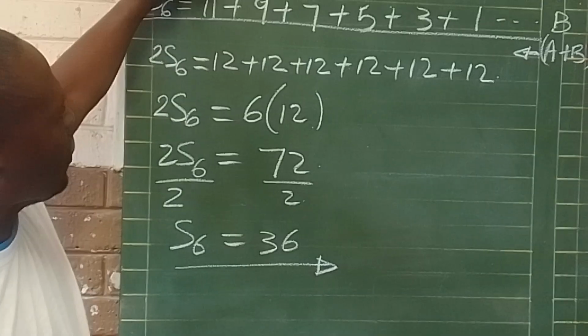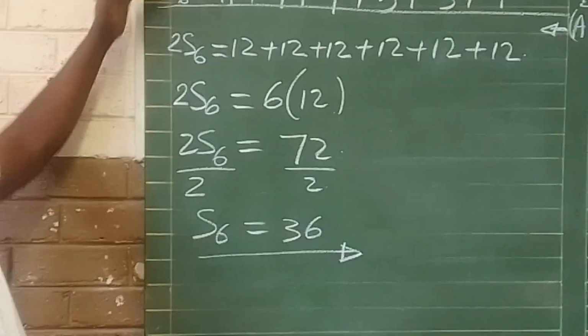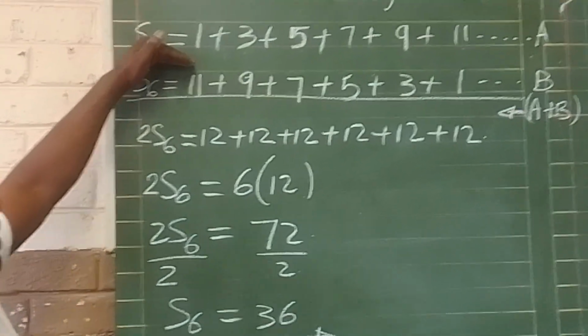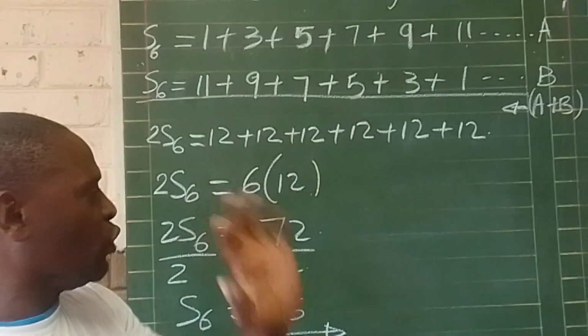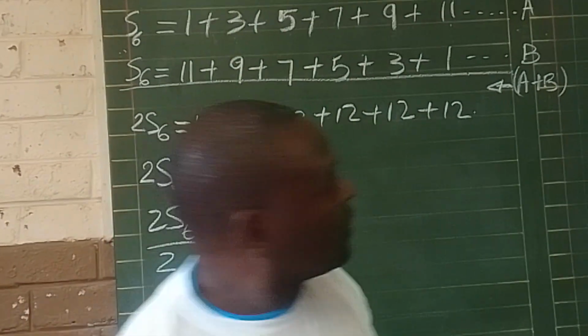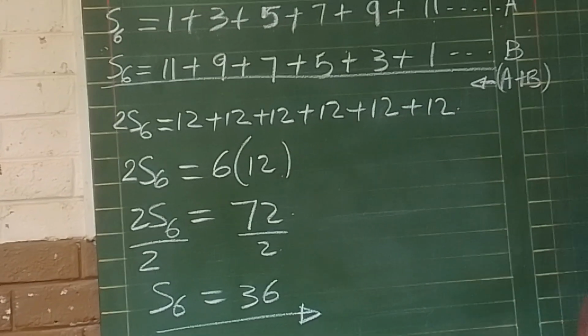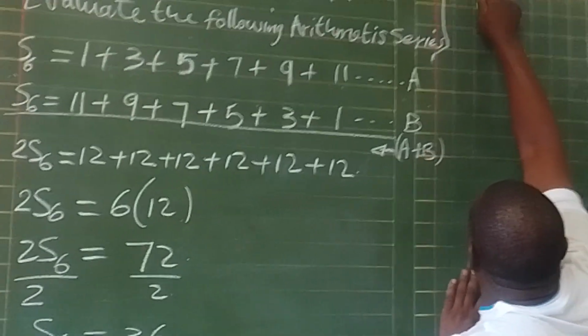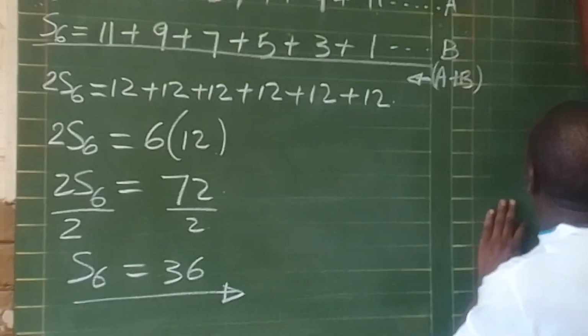The same technique that we have used to calculate this sum, we are going to use it to prove, to find the theorem. It's called theorem 1.